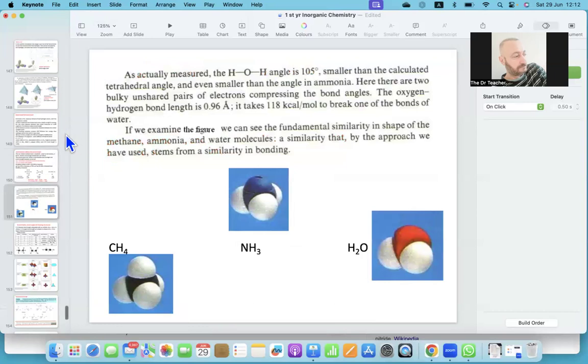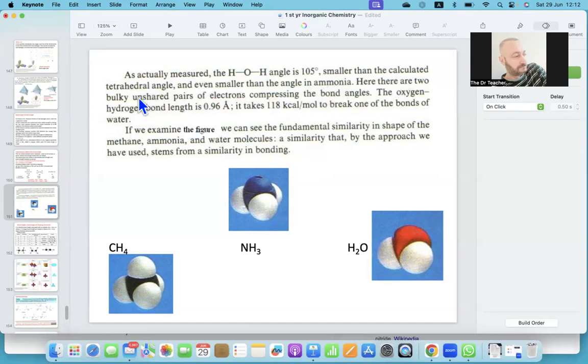As actually measured, the HOH angle is 105 degrees, smaller than the calculated tetrahedral angle. I think this is in water. And even smaller than the angle in ammonia.